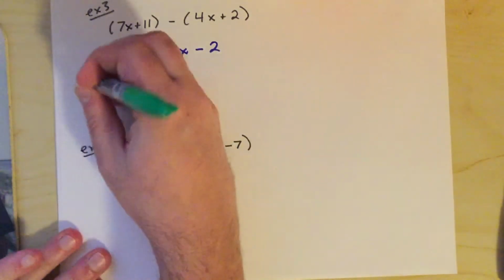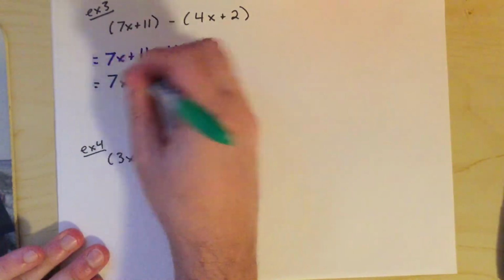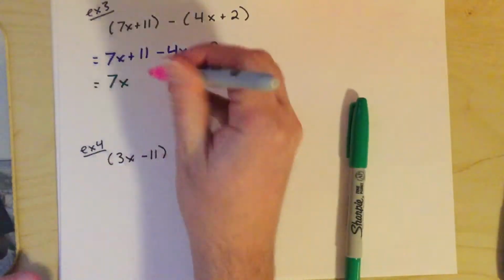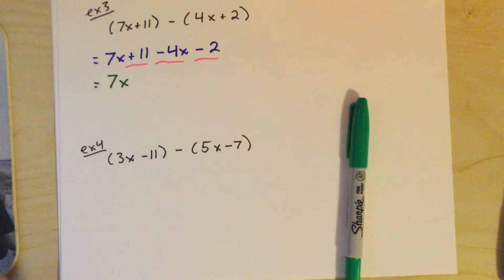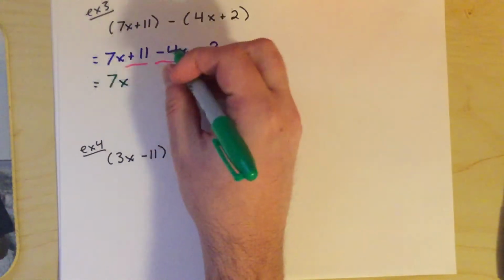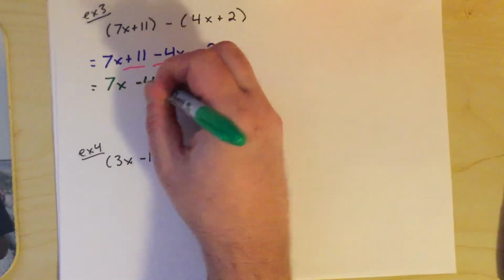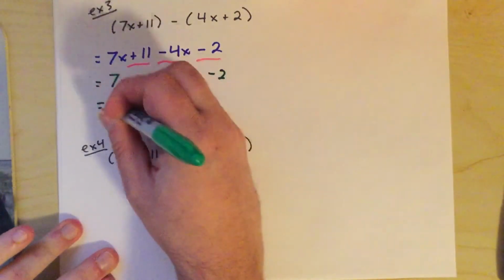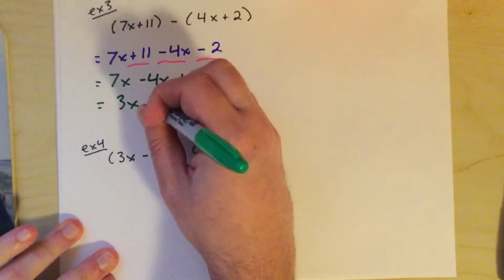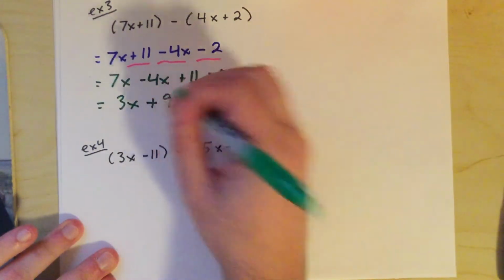Remember, when we move things, they drag the sign in front of them. So it's going to be 7x minus 4x plus 11 minus 2. And 7 minus 4 is 3x, and 11 minus 2 is plus 9.